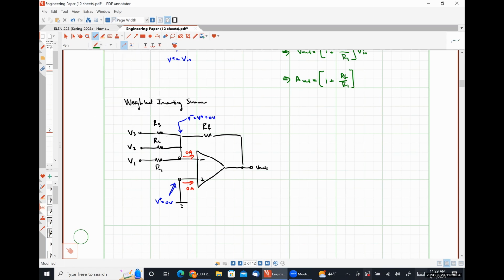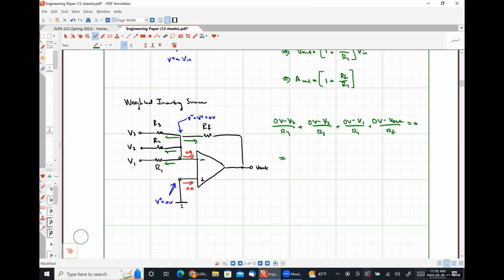If we apply Kirchhoff's current law at our inverting input node, we will get 0 volts minus V1 over R1 plus 0 volts minus V2 over R2 plus 0 volts minus V3 over R3 plus 0 volts minus V out over RF is equal to 0.